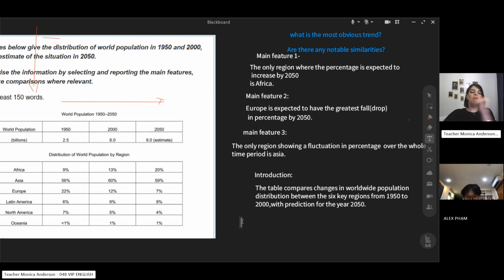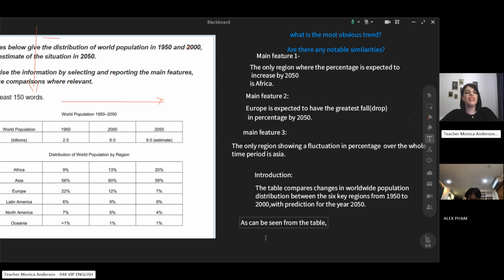Very good. First of all, according to the table, it's okay. But if I were you, I would say as can be seen from the table.